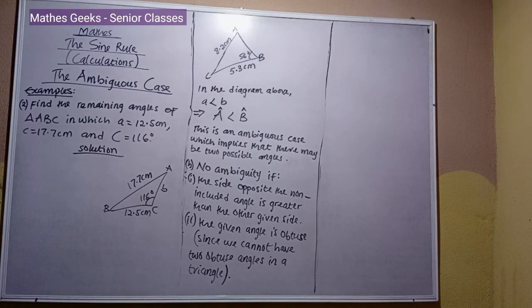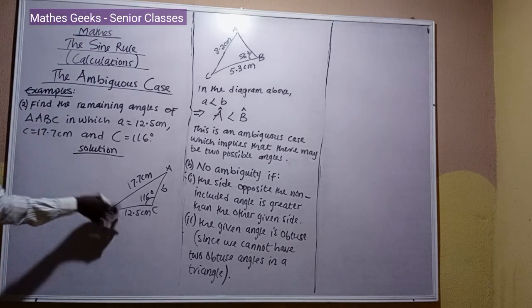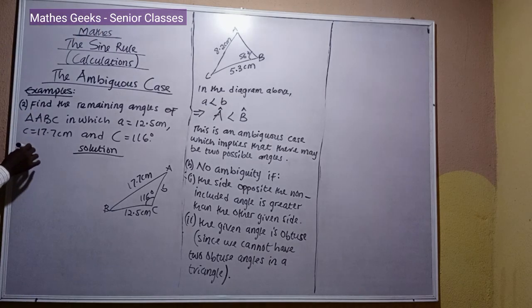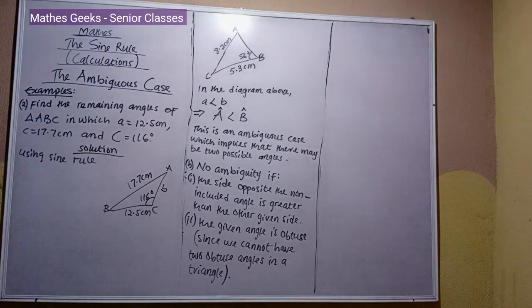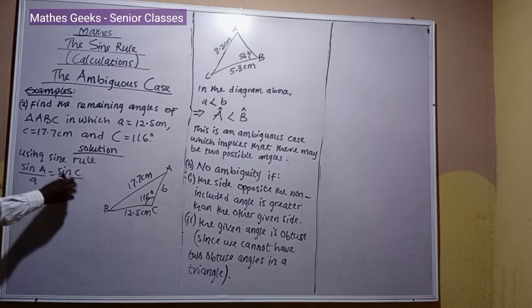we can't tell. But then let's solve so that our solution will tell us if it's really a case involving ambiguity or not. So since it fulfills the sine rule, using the sine rule, we'll use sine A over a is equal to sine C over c.